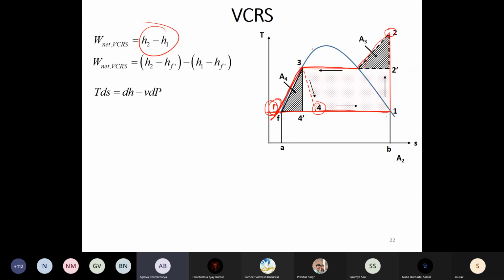And you do the same thing for H1 minus HF prime. This I have already told you. So H2 minus HF prime would be the area under this curve.